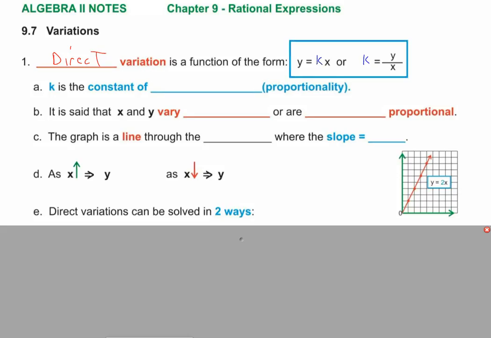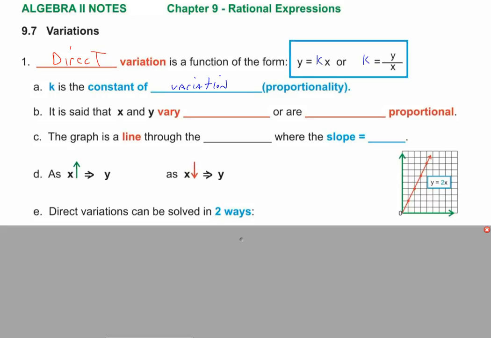K is the constant of variation, or some say the constant of proportionality. So K is a constant. K is a number. 7, 11, 3/5, 3.1416, etc. 2.71828, etc. It's some number. It's a constant.